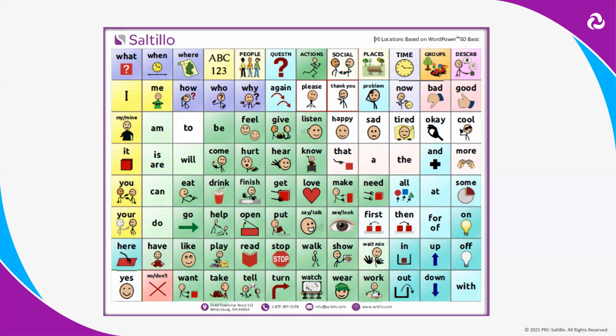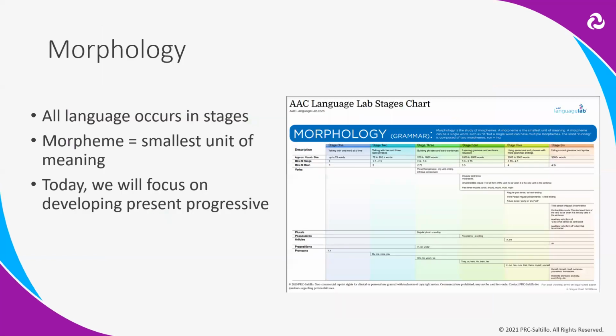And we're also going to be talking about some grammar tonight. So with that, let's talk a bit about morphology. For this evening, with these Stepping Stones to AAC trainings, we're going to highlight a different structure of language in that intermediate or second step session.